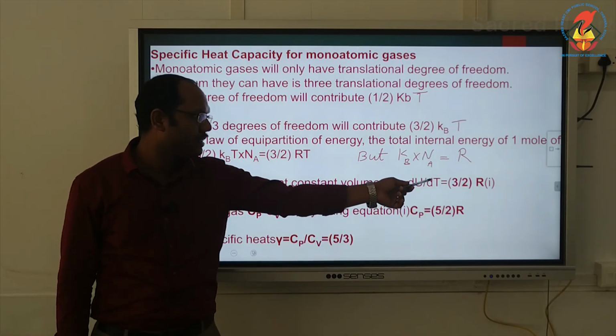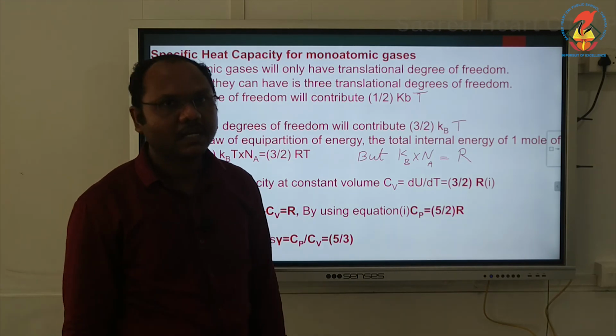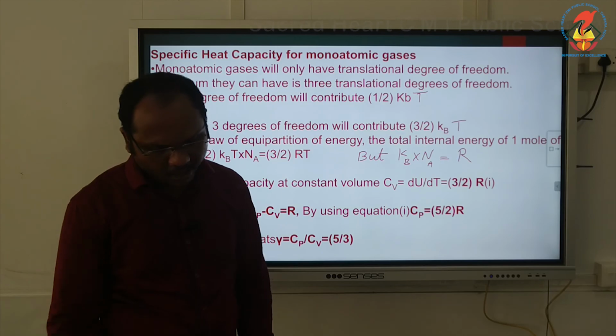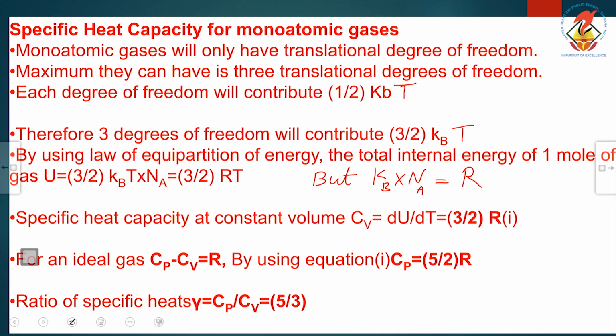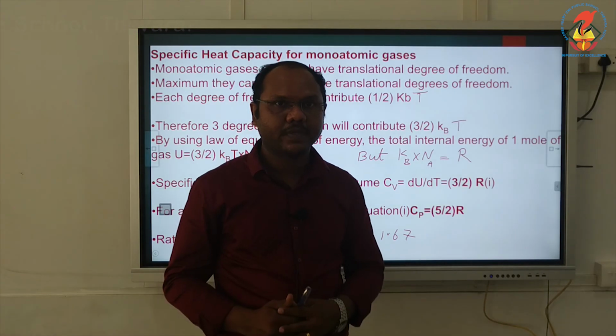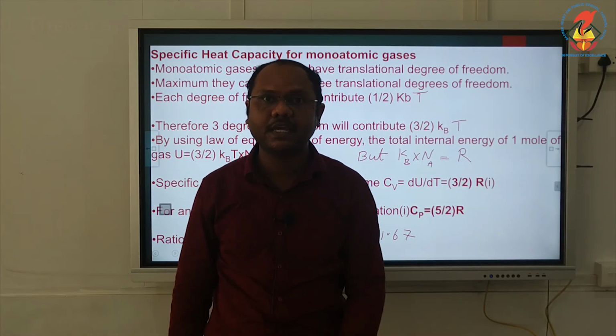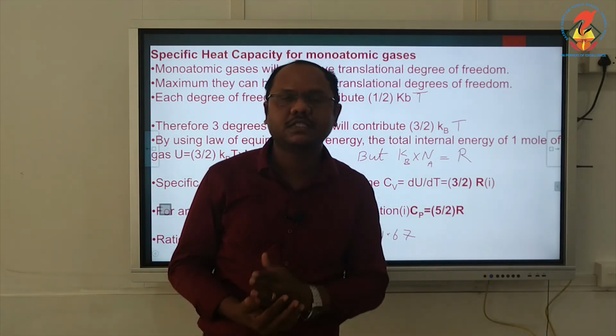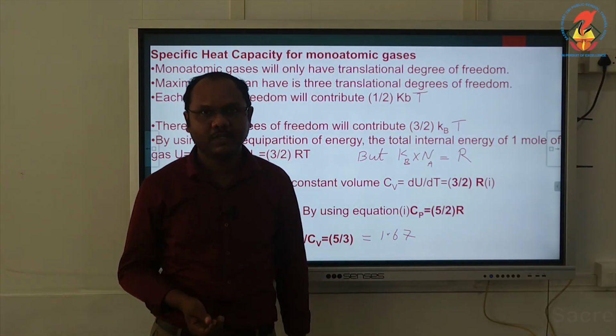So gamma for a monoatomic gas is 5 by 3, or its value is 1.67. You have to memorize this value, 5 by 3, or 1.67. Similarly, you can find the ratio of specific heats for a diatomic gas and for a triatomic gas. Those things we will discuss in the next session. Thank you.